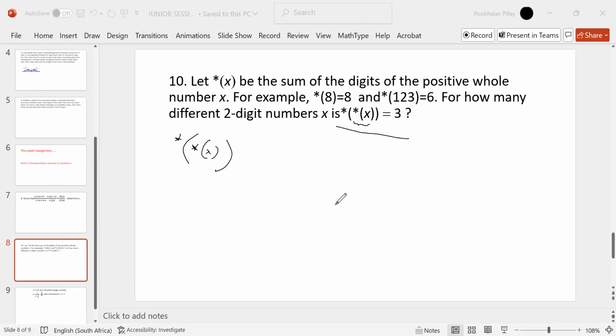Now that's making it a little bit complicated. Now suppose I had x is equal to 5,993, for example. Let's calculate this. Star of x first is 18 plus 8, which is 26. And now we are looking at the star of that one.